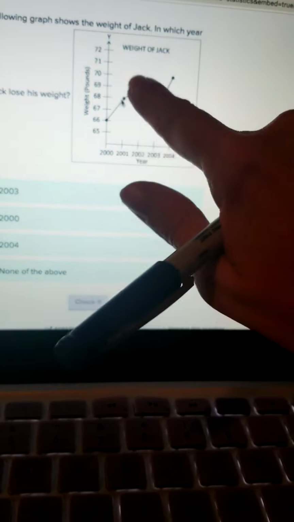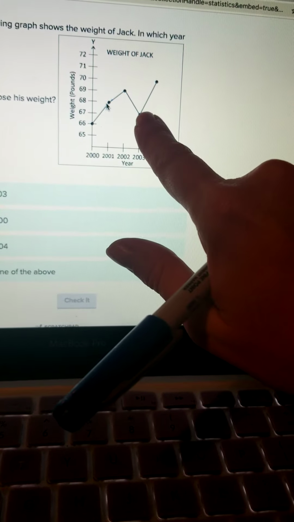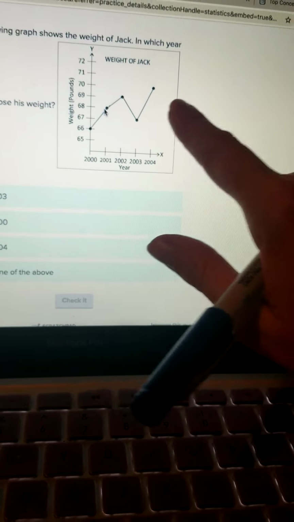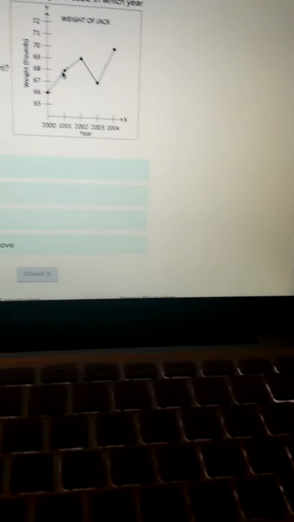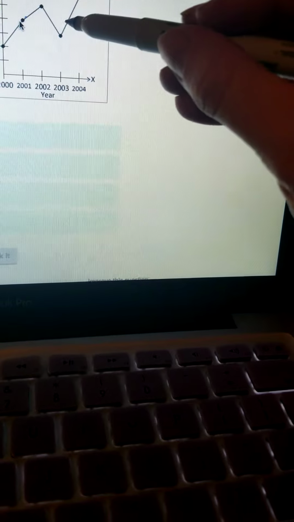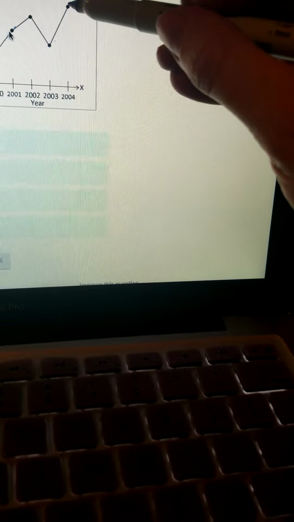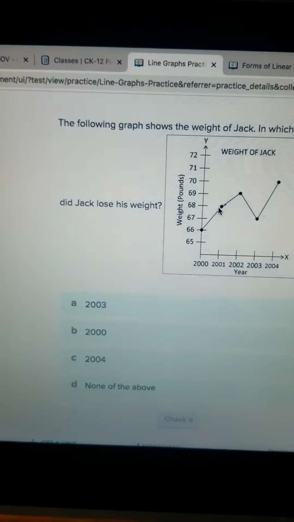But then he lost from 69 to 67, he lost 2 pounds, minus 2. And then he gained, 67 to 70, gained 3 pounds. So, did Jack lose his weight? No.